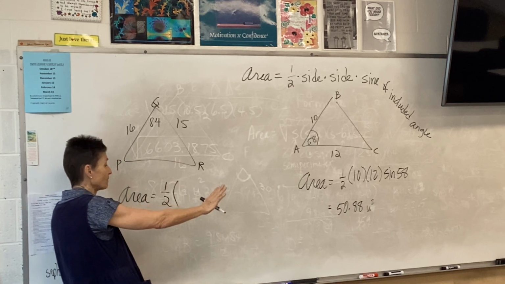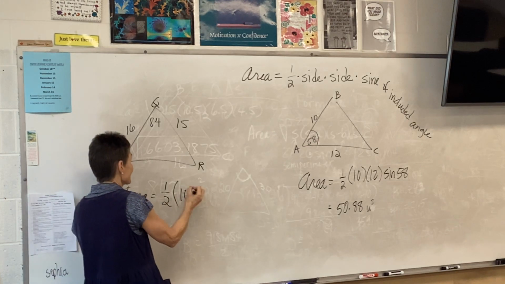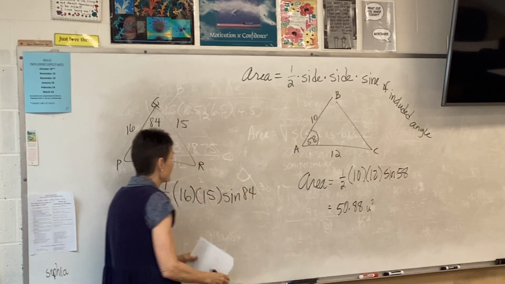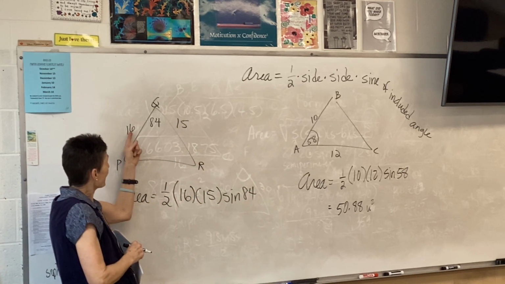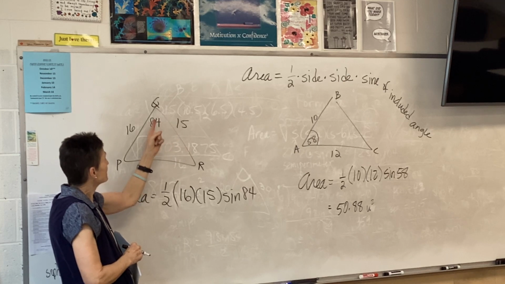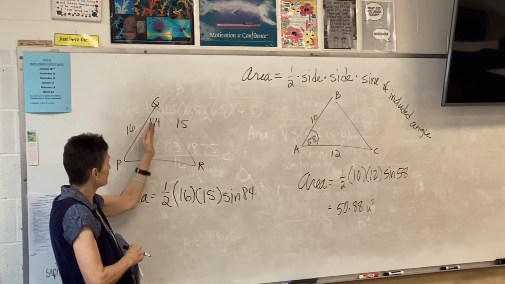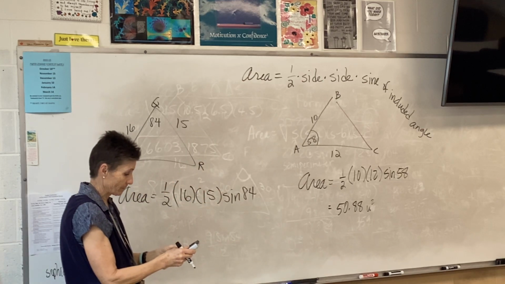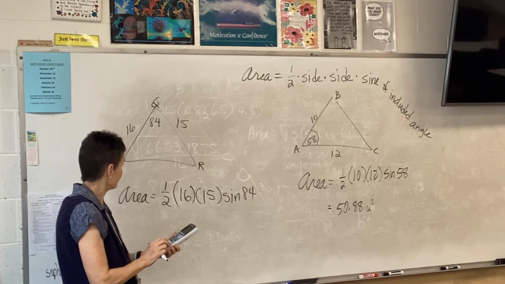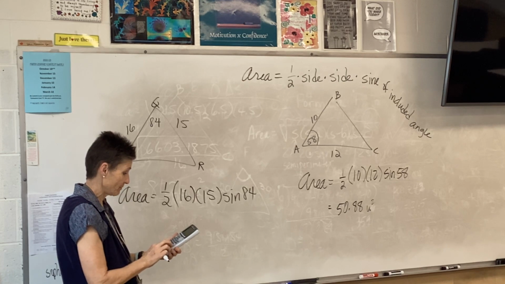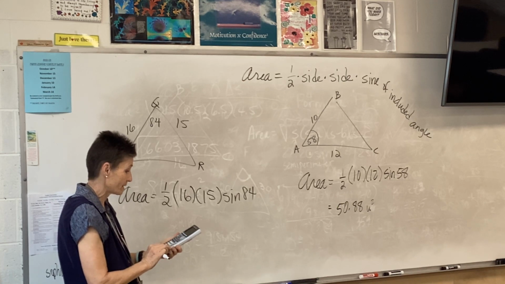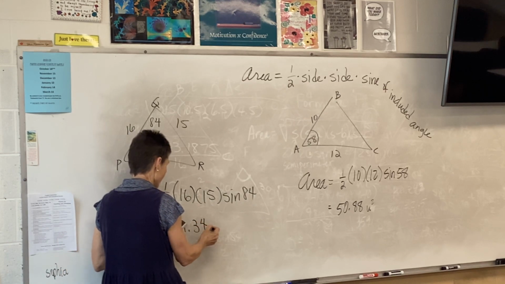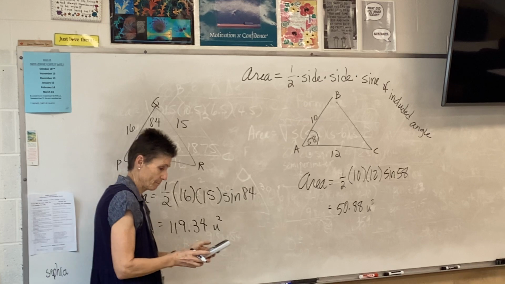We go straight to the formula. 1/2 16 times 15 times sine 84. 1/2 side times sine of the angle in between. My area is 1/2 times 16 times 15 times sine 84 equals 119.34 units squared.